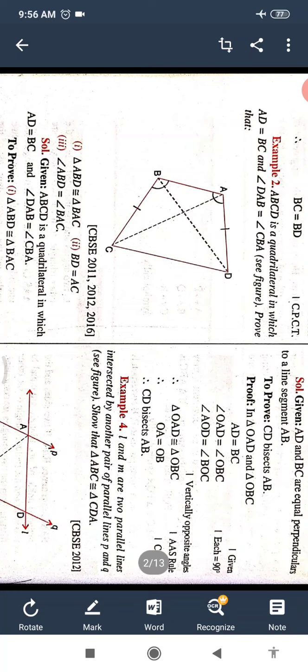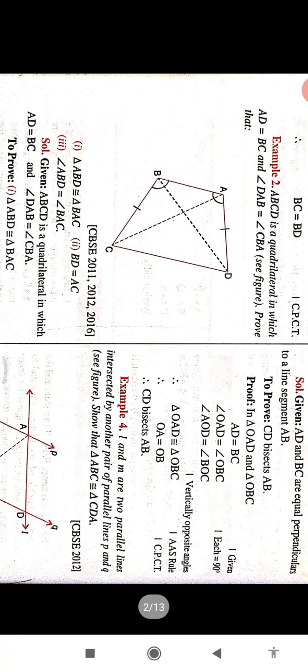Quadrilateral ABCD is given. AB equal to BC. AD equal to BC. And angle DAB equal to angle CBA is given in the figure.